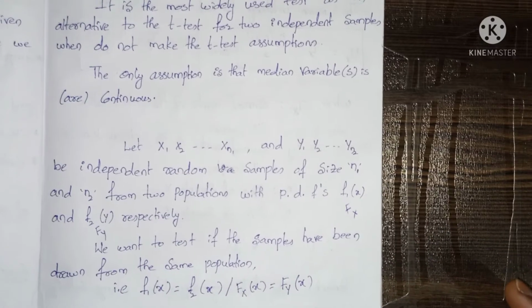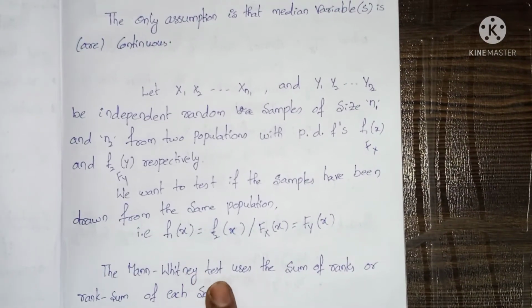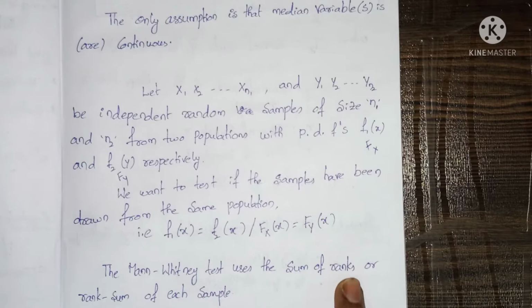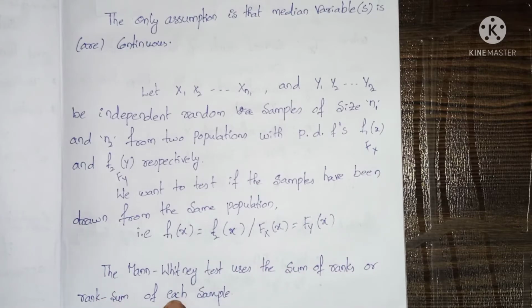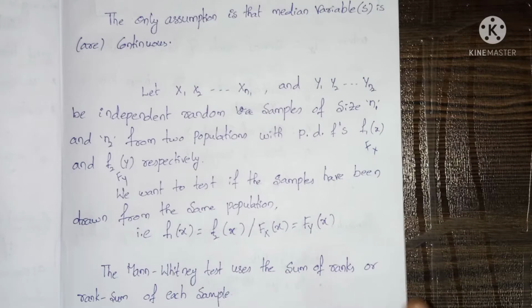Next, the Mann-Whitney U-test uses the sum of ranks, or rank sum, of each sample. In order to test Fx of x equals Fy of x, we have to use some technique.